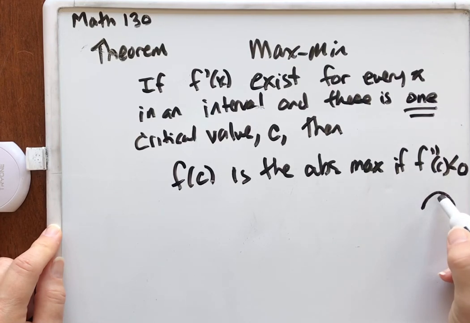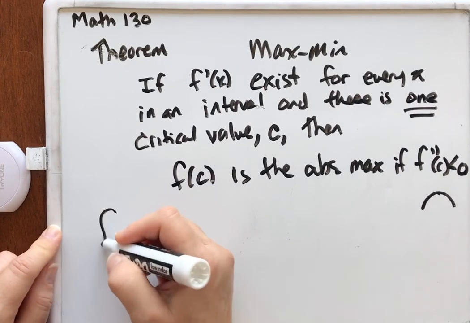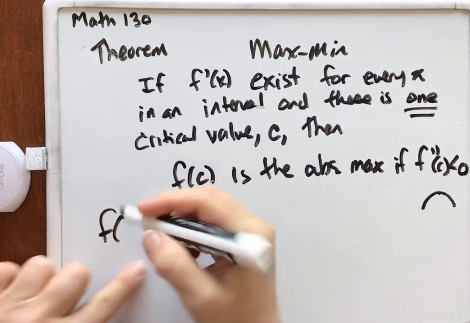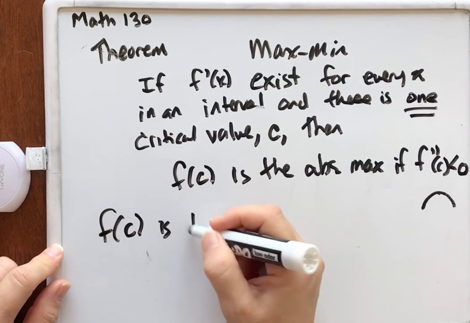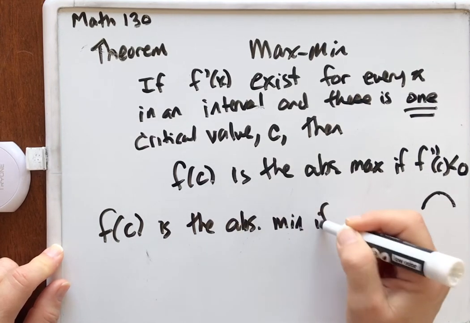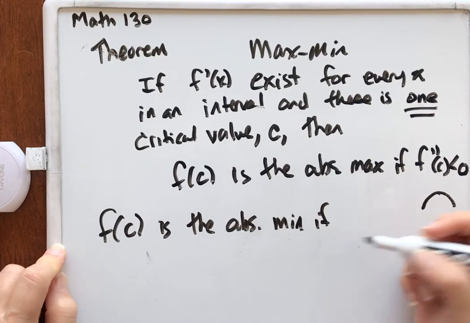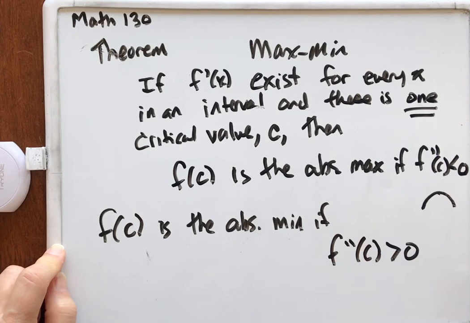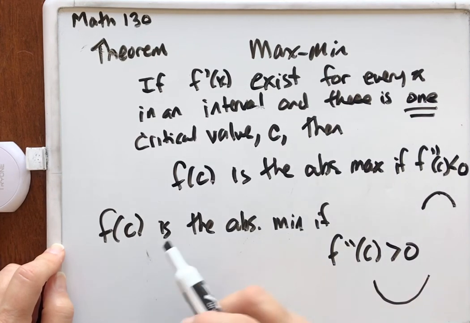So there would be a max right here at f of C. Also, it states f of C is the absolute min if, what do you think? You are correct. f double prime of C is greater than 0. And that makes sense because when it is greater than 0, we know it concaves up. So f of C is the absolute minimum.